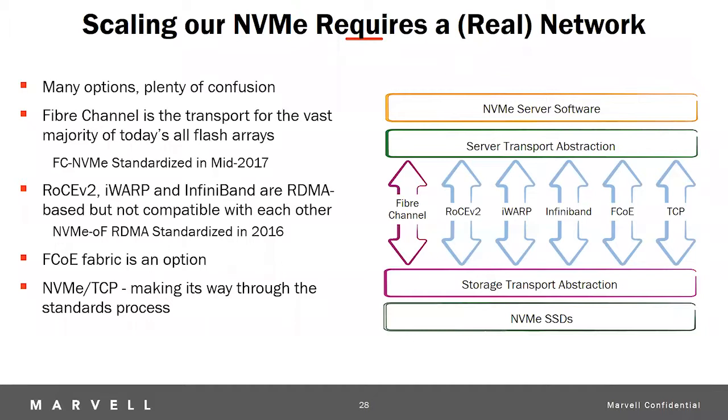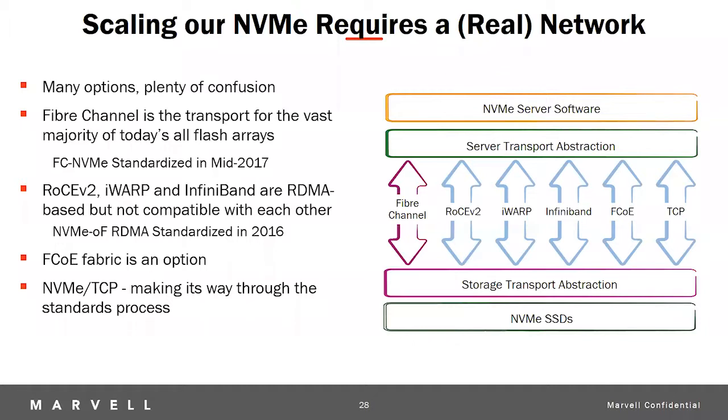And last but not the least, most exciting, I think, from an Ethernet perspective is TCP, because it doesn't require any specialized configurations or any specialized network equipment for converged Ethernet, and really democratizes access to flash over large networks.